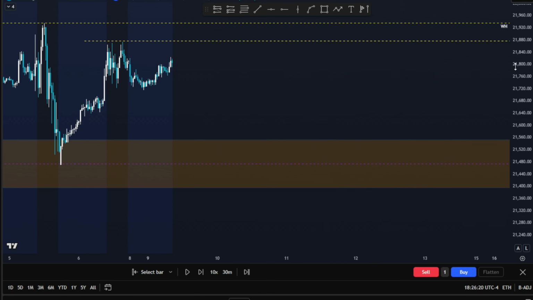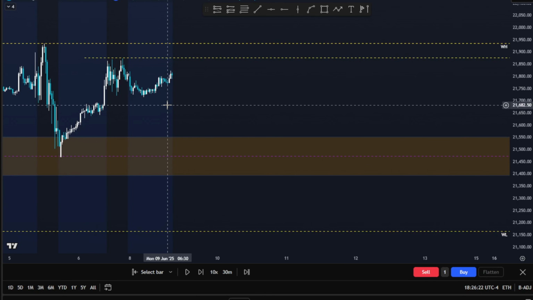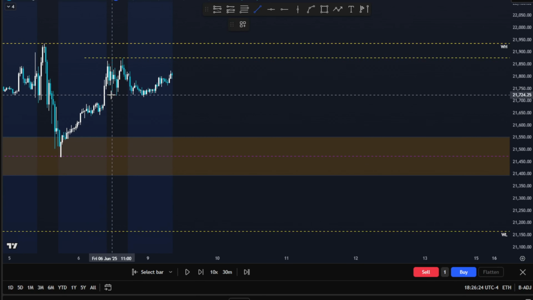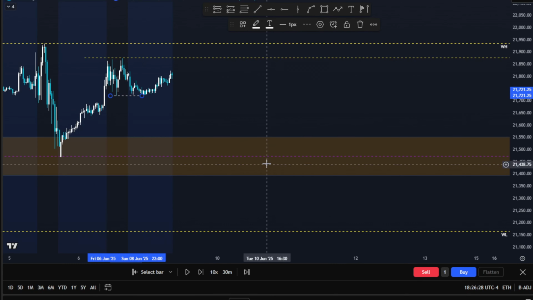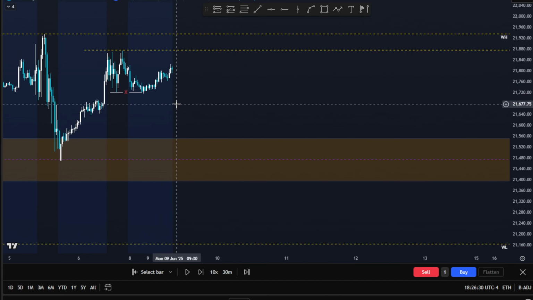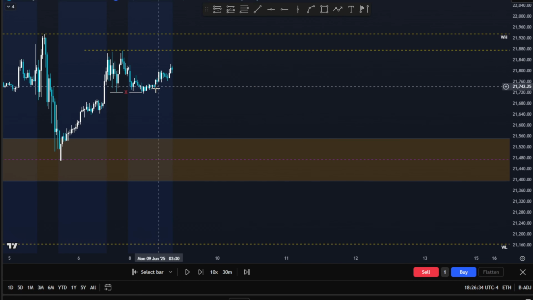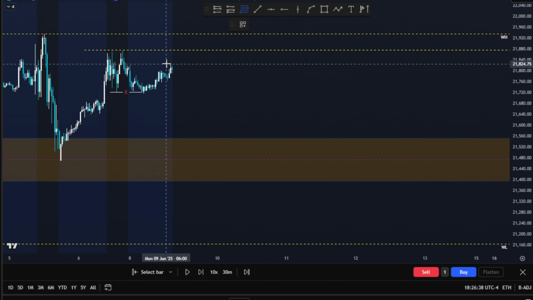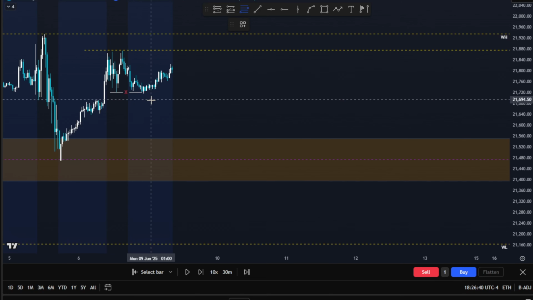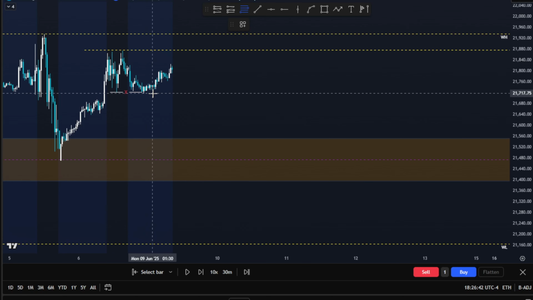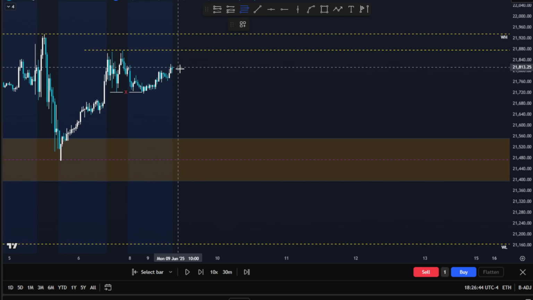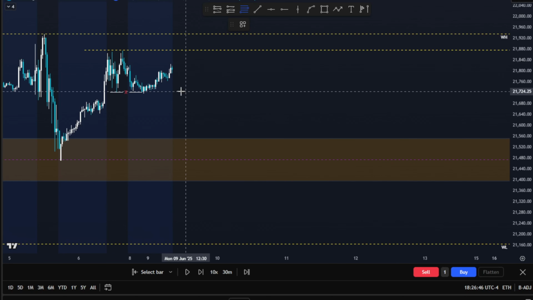We can see on Monday, this is the 30 minutes. We can see these equal lows are swept. That's what caught my eye in the pre-market on Monday. I view this as a protected low. Now I want to see some sort of retracement back to the OTE. If price continues to grab these highs, I don't expect it to retrace all the way back down to this low.